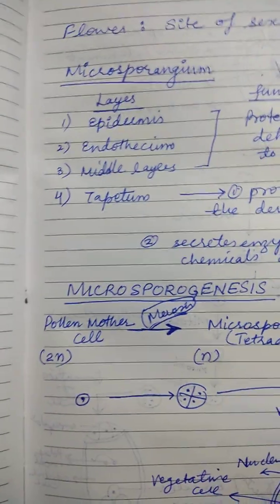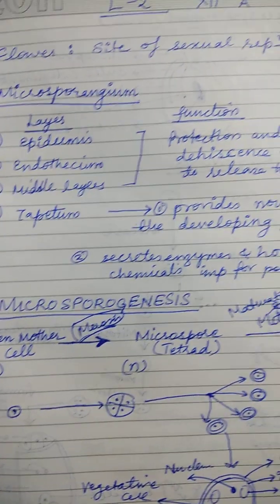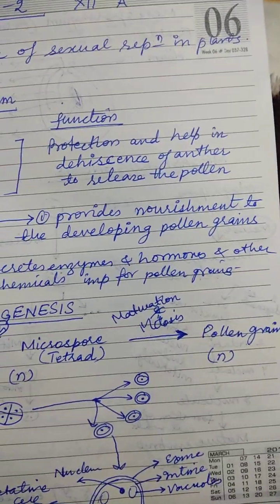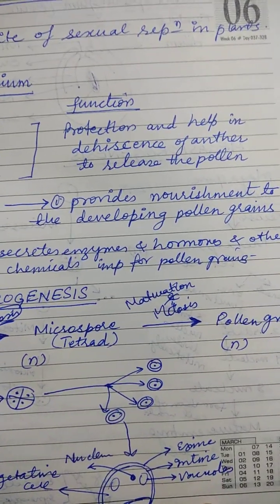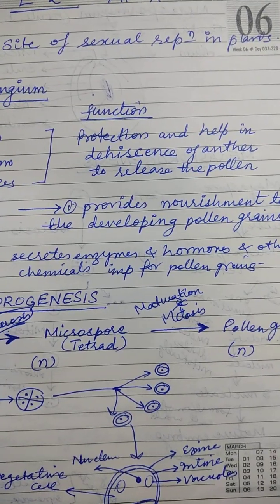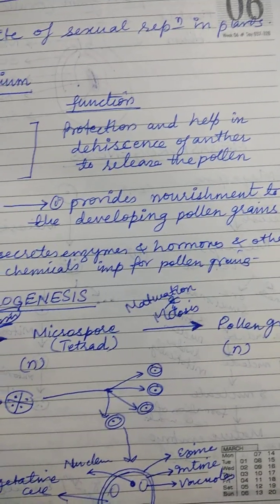The innermost layer, the tapetum, provides nourishment to the developing pollen grains. The main function is to provide nourishment.